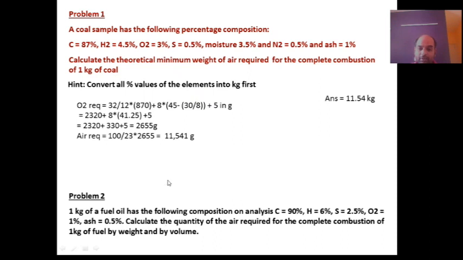I have already shown you in the last lecture the relationship between the mass of oxygen and the volume that it occupies. Remember, 32 kilograms of oxygen occupies 22.4 meter cube of space. So based on that you need to do it.